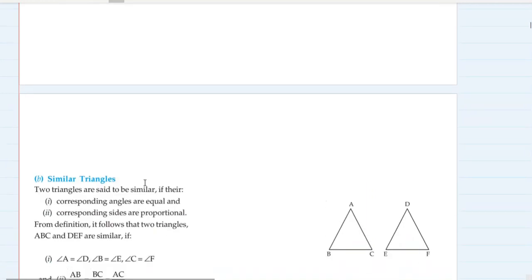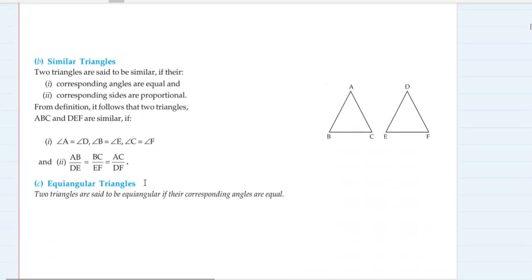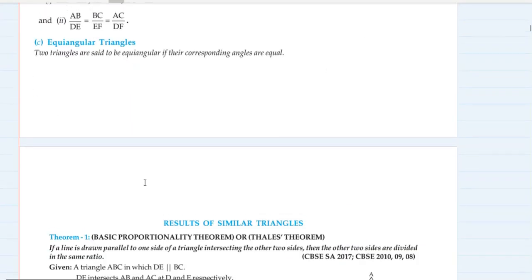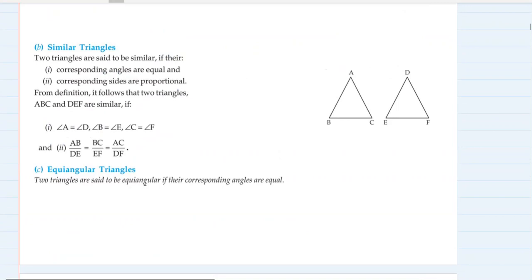So let's begin. I think we have more definitions to go before we officially start with our theorems. Now, similar triangles: two triangles are said to be similar, as I just told you, when their corresponding angles are equal and corresponding sides are proportional.